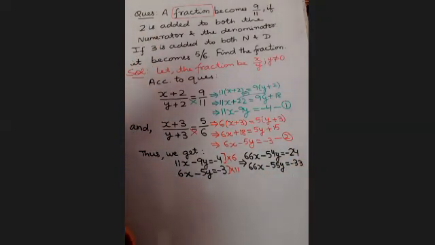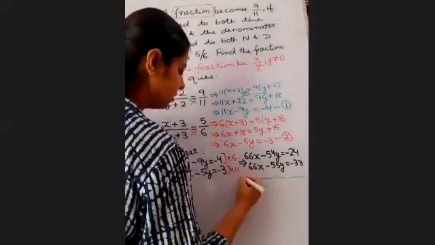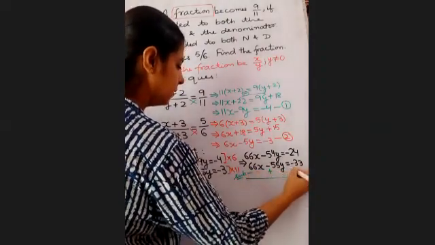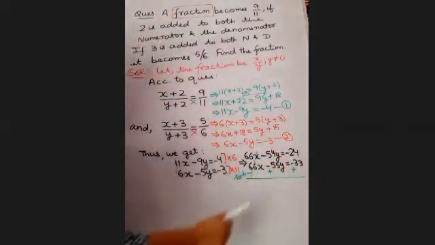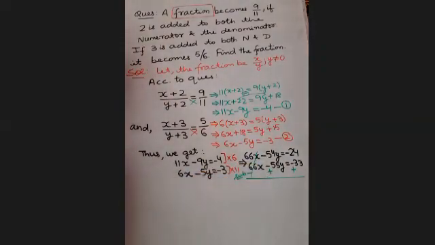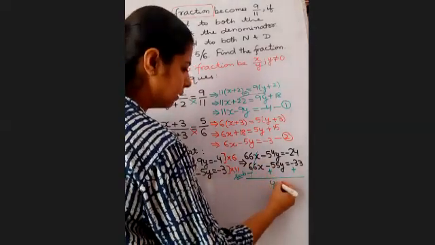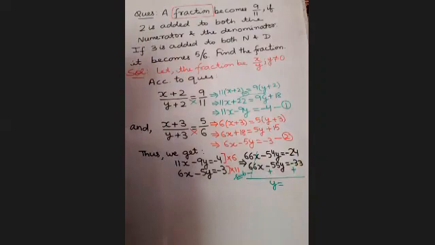Add or subtract? Subtract. So just write down subtract here. Change sign. This is cancel. Now minus 54 plus 55 becomes 1, y. Minus 24 plus 33 is 9.